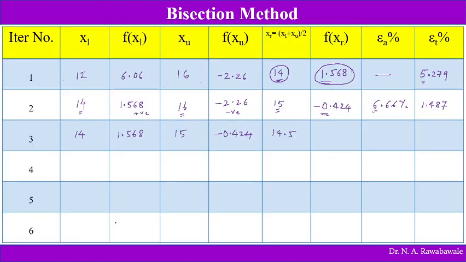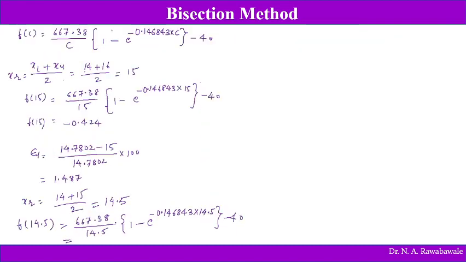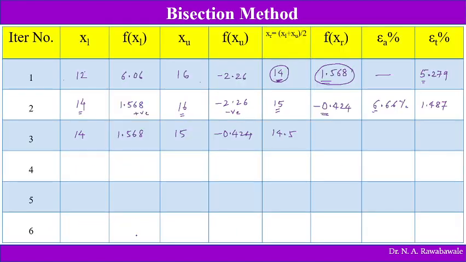We are at the third stage, I think. Okay, so if we find this, it will be 0.552. This is positive, so it replaces the first. So 14.5, being positive, is replaced by the revised value 0.552, and this 15 stays as it is, because this is negative, minus 0.424.